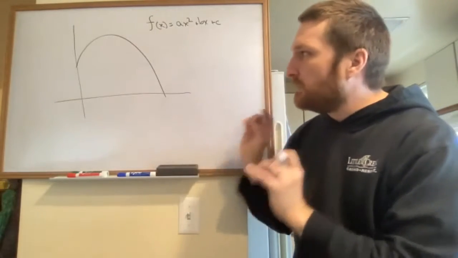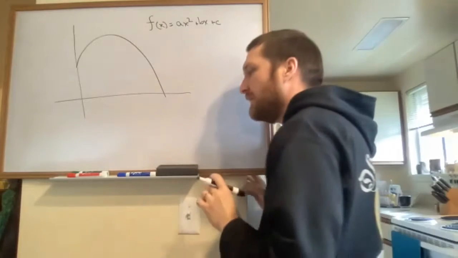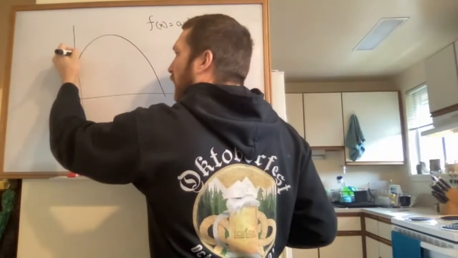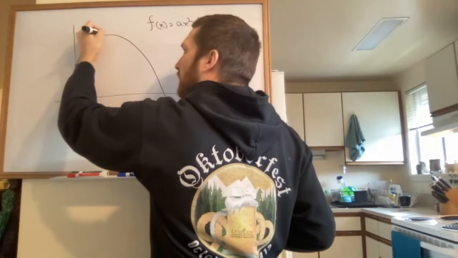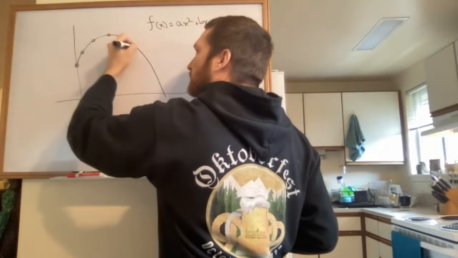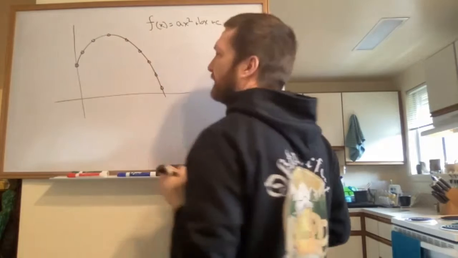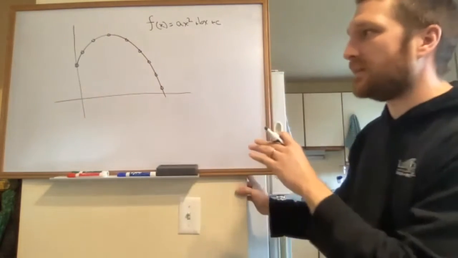The problem people have is in their mind, they have this idea that the ball is moving along this trajectory. The ball is not moving along this trajectory. This is not what's happening.